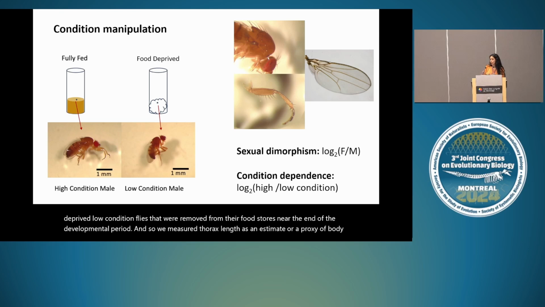Then we measured foretibia length and width and tarsus length to get at the sexual selection that we believe these traits are under. And we also measured wing area, again related to its use in mating behavior. And then we used these measurements to estimate sexual dimorphism and condition dependence in our species.